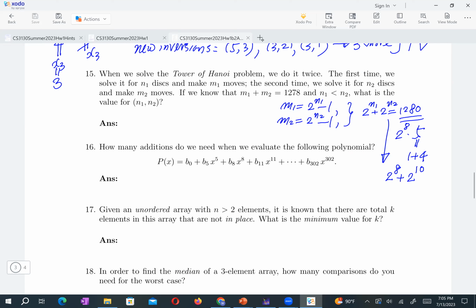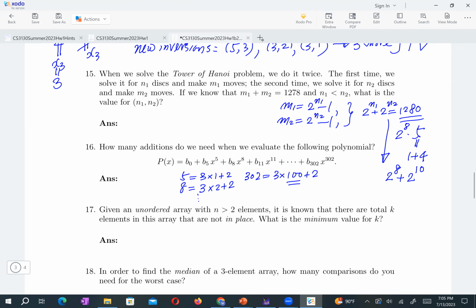So we take the subscript or superscript. 5 equals 3 times 1 plus 2. The remainder is 2, 3 multiple plus the same remainder. Now the last one, 302, 3 times 100 plus remainder 2.